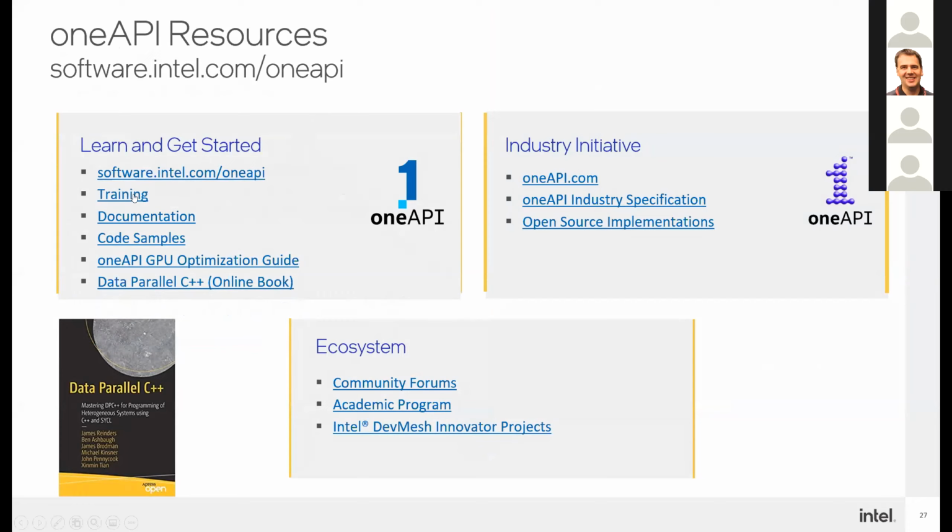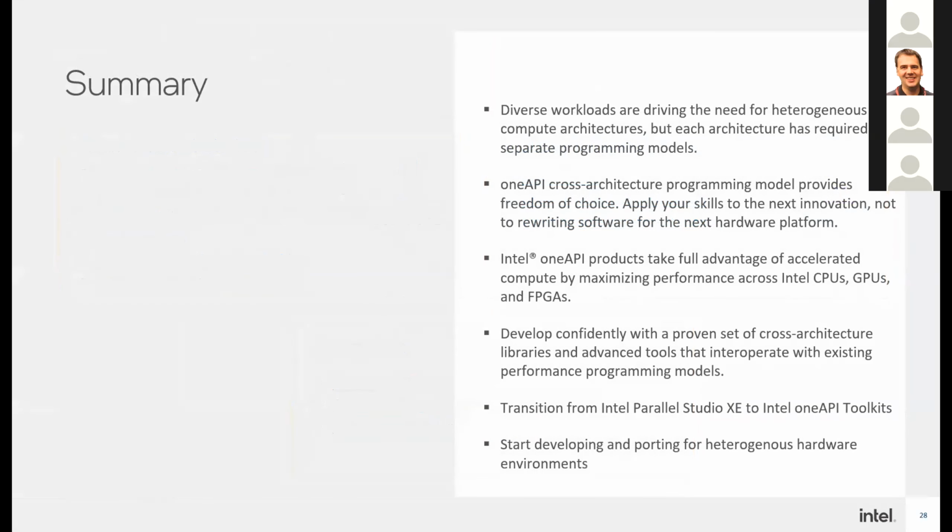There are books, there are a lot of links. Some of the books are also available as free online versions. Have a look at it. The underlined bullets here are linked to the internet, so there's more information behind it.